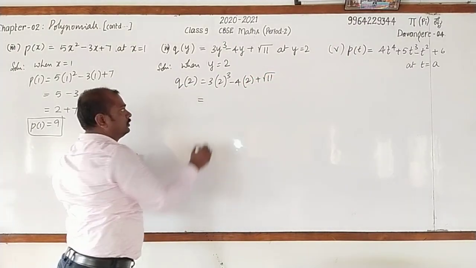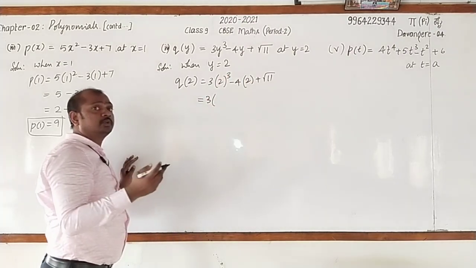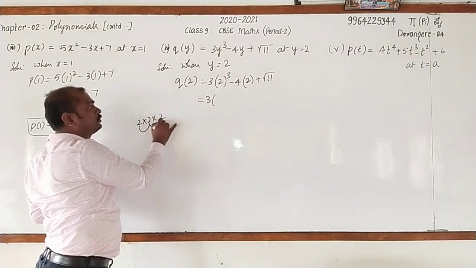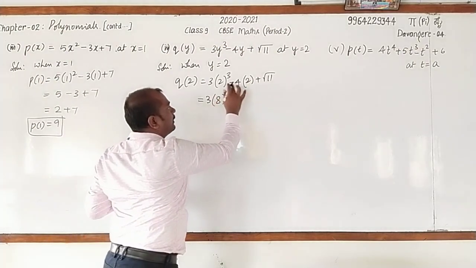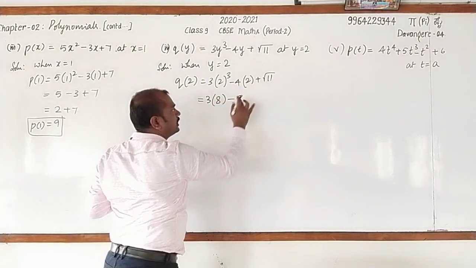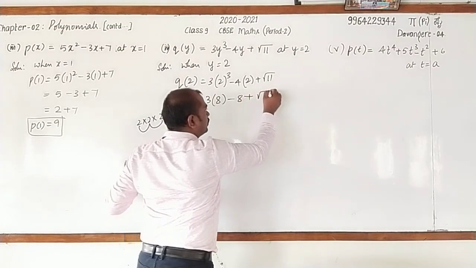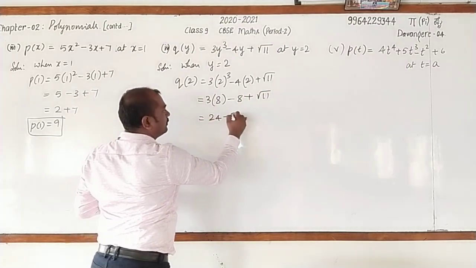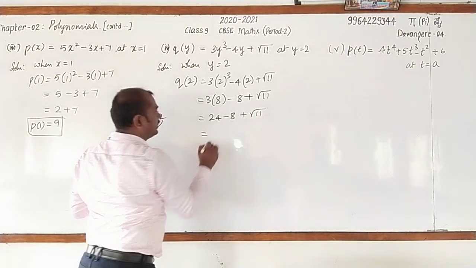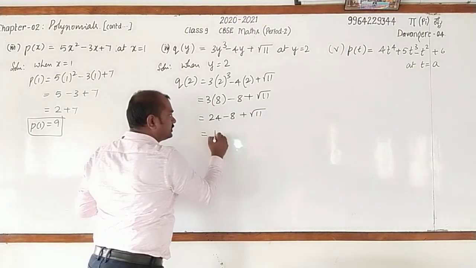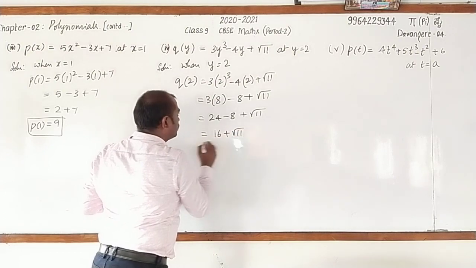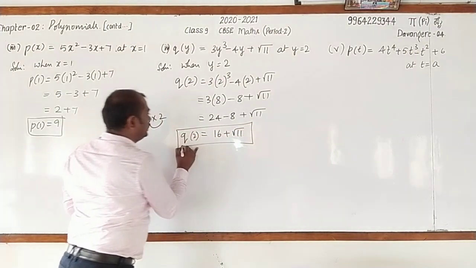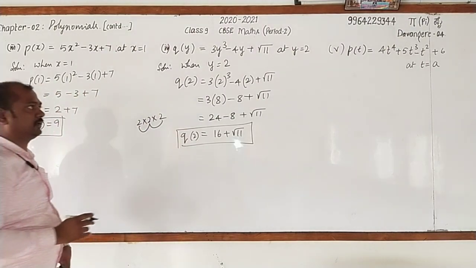It is equal to 3 into, what is 2 cube? 2 into 2 into 2. 2 2s are 4. 4 2s are 8. Then minus 4 into 2, 4 2s are 8, plus root 11. This is equal to 8 3s are 24 minus 8 plus root 11. 24 minus 8, it is 16 plus root 11. So q of 2 is equal to 16 plus root 11.